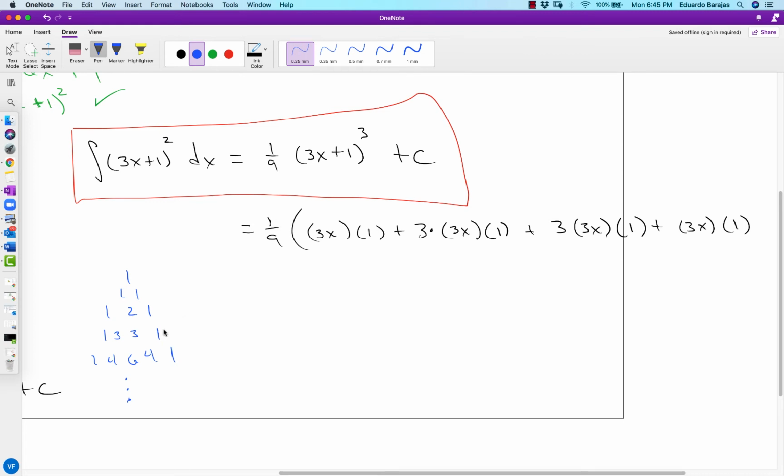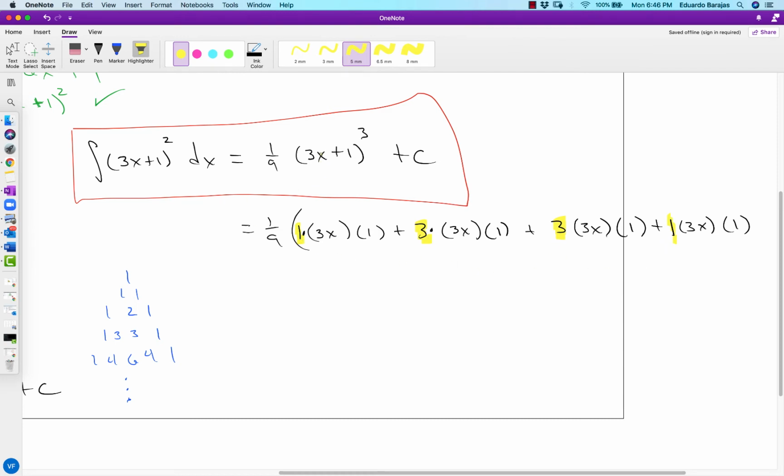Okay, so this is how I know that there's going to be a 1 out here. So 1, it's this 1 right here, and then a 3, and then another 3, and then there's going to be another 1 out here. So these are the constants that are part of this expansion. 1, 3, 3, 1. Good.